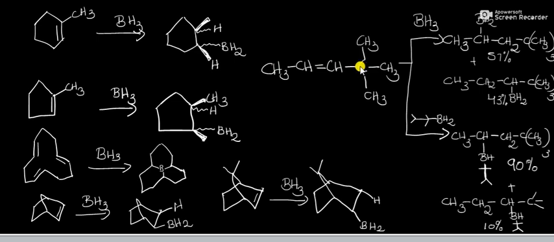So BH2 can add either to this carbon or to this carbon. Both products will be obtained, but the percentage of yield will be different. Which product will be major? When BH2 adds to this carbon, it will be the major product, based on the steric hindrance present in this carbon.